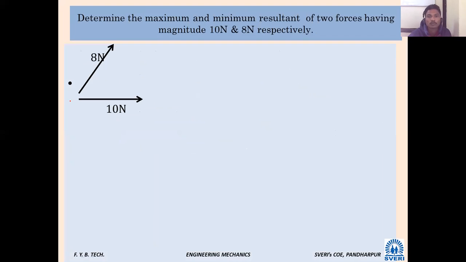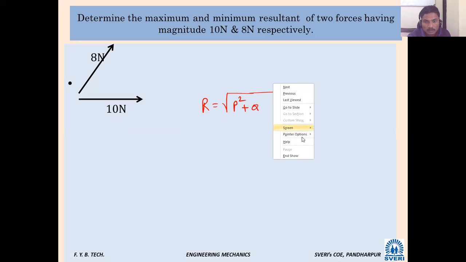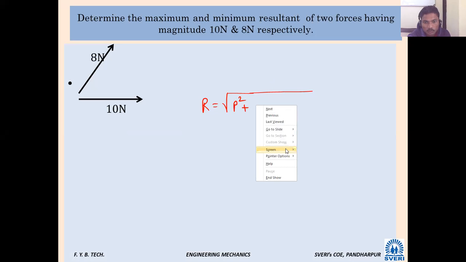So what was our formula? Let us go according to this. Whatever you have told is okay. If you go with this formula, R square is equal to P square plus 2PQ cos theta plus Q square.